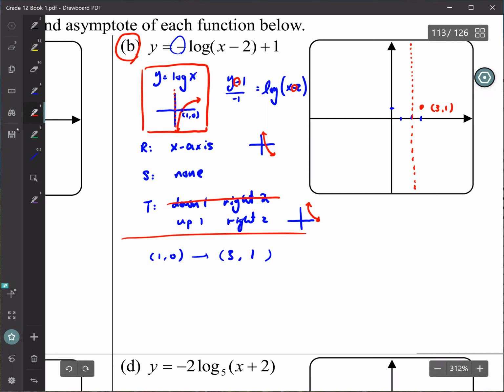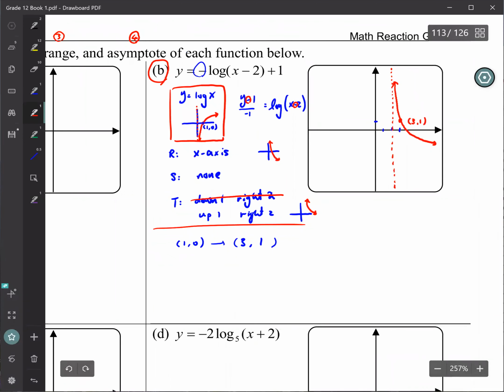So by drawing the little comic strip, right, we know that the curve has to be decreasing. And that will be all I need to see on your homework. You just need to show me where the 1 point is, right, the final location of the point, and also the way it curves, of course, the asymptote too, okay? Okay, so that's it, right?